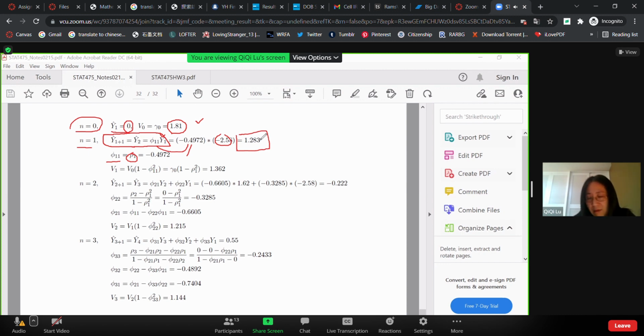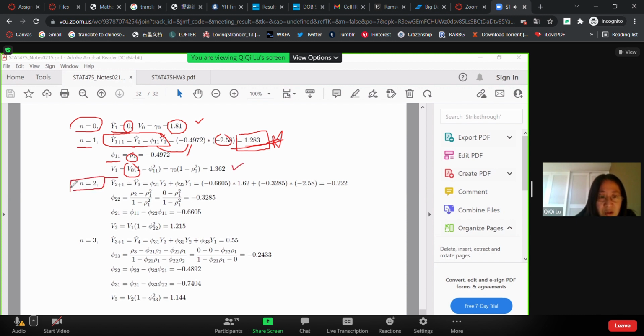You already have y2, so you don't need this number as your final result, but you have to use it for the recursive calculation. So you do V1, the previous one, times 1 minus phi11 squared, right here.